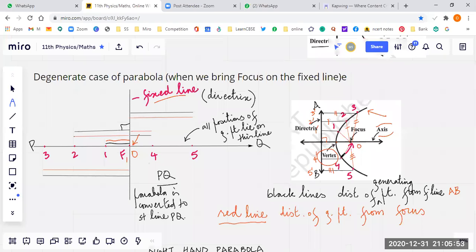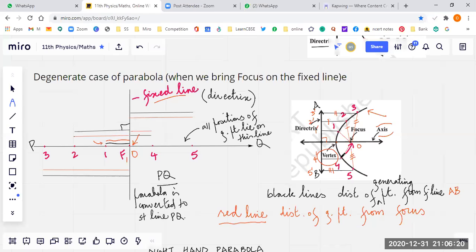How have I drawn point 1? The condition is the same. This black line shows the distance of point 1 from the focus, and the corresponding red line is also the distance of point 1 from the fixed line. They are the same. That was the condition for any point on the parabola. All right, point 1 is right.